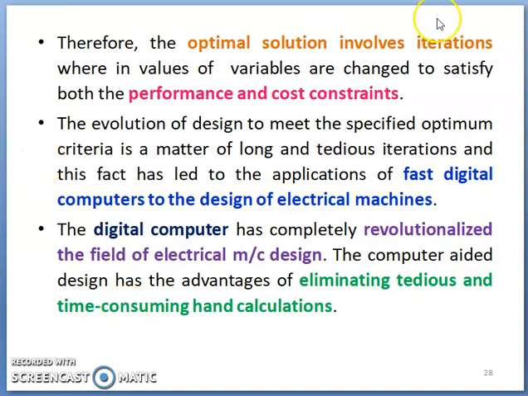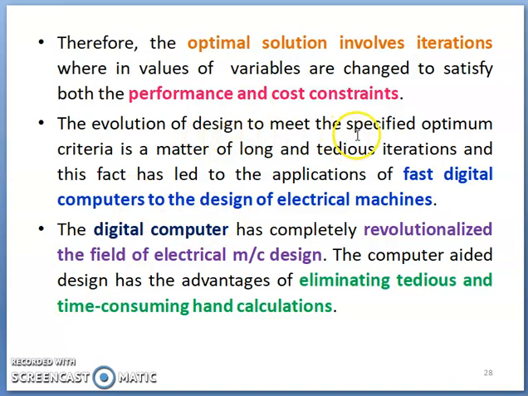Therefore, the optimal solution involves iterations wherein values of variables are changed to satisfy both performance and cost constraints. The designer will have to cross check both performance as well as cost constraints during the design iterations.